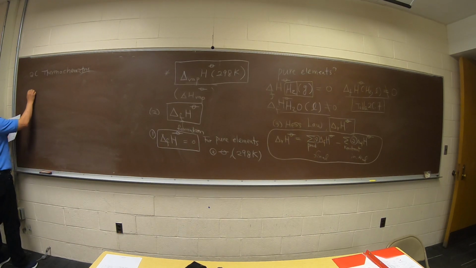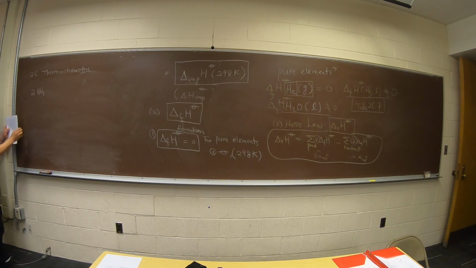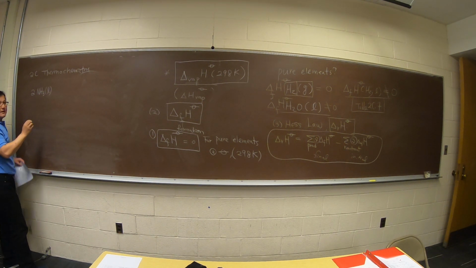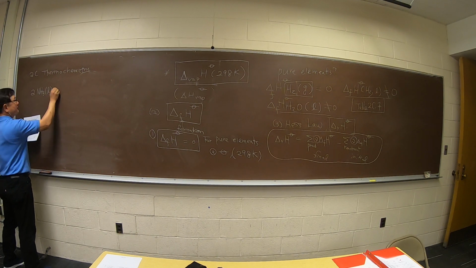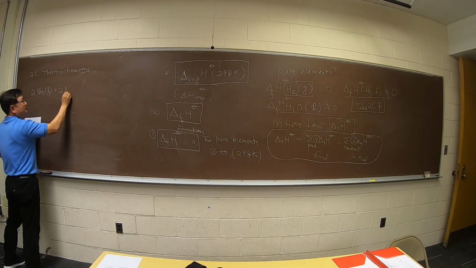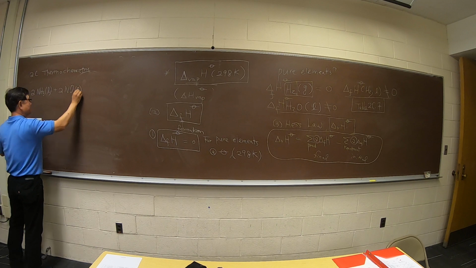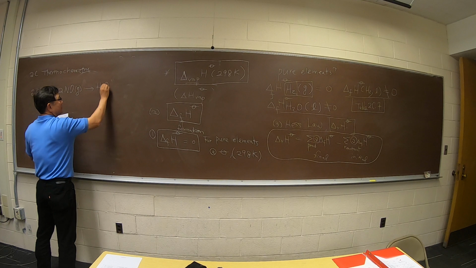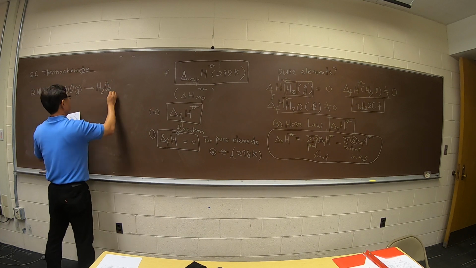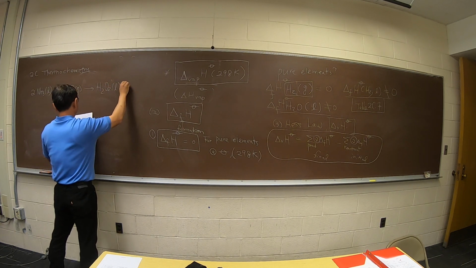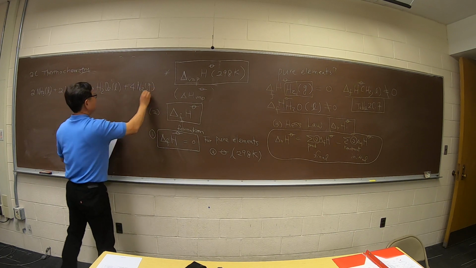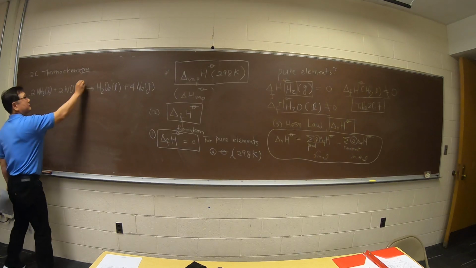So let me write as if you have 2 NH3. That's ammonia, right? Ammonia reacts with nitroxide gas, and then you generate H2O2, which is a liquid, plus 4 times N2 gas. So this is a reaction.